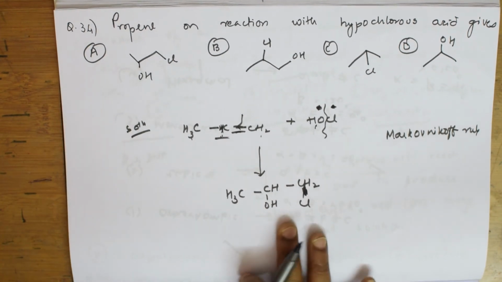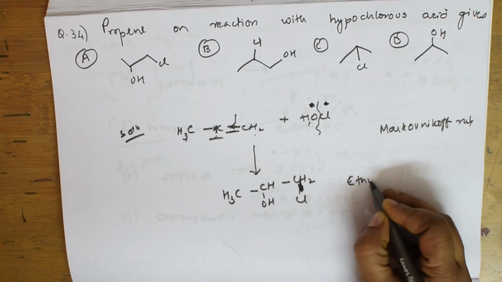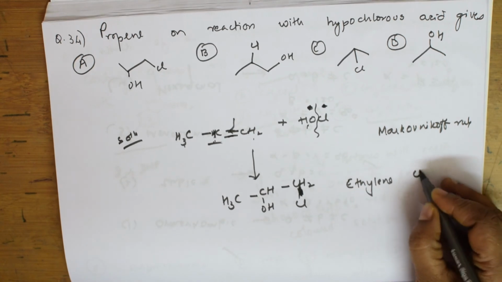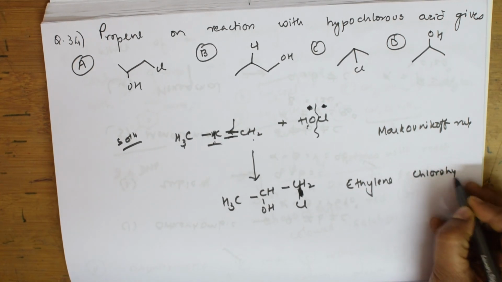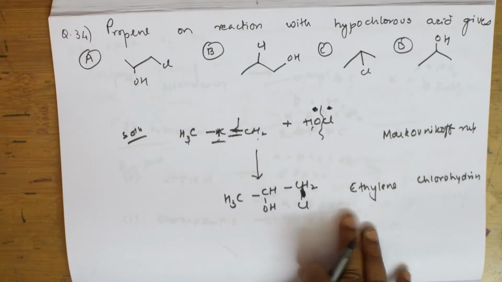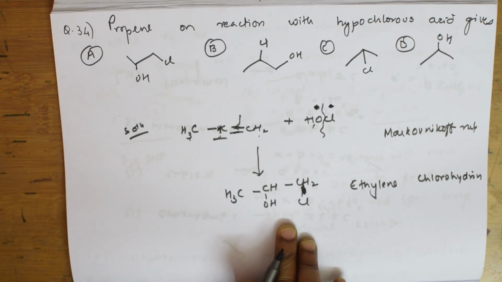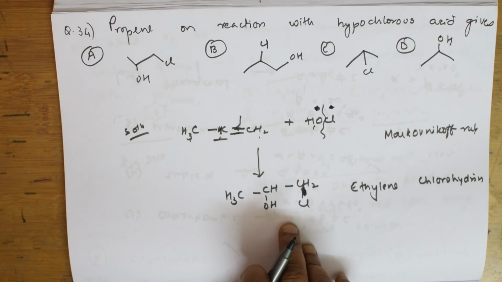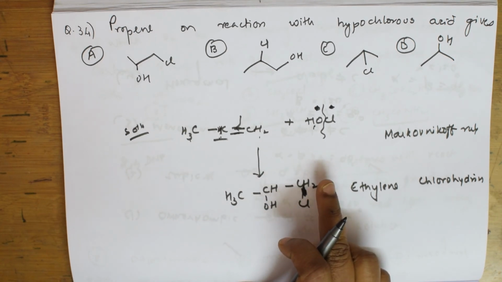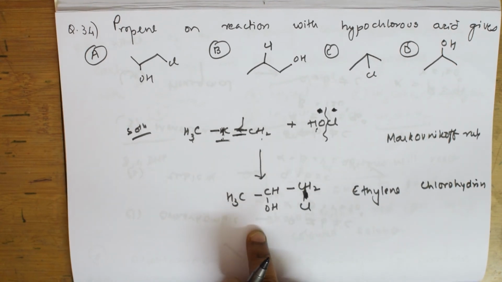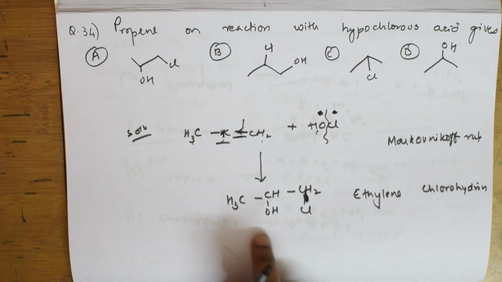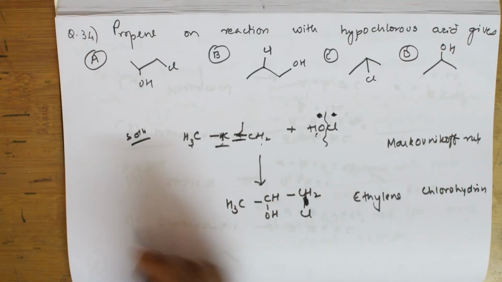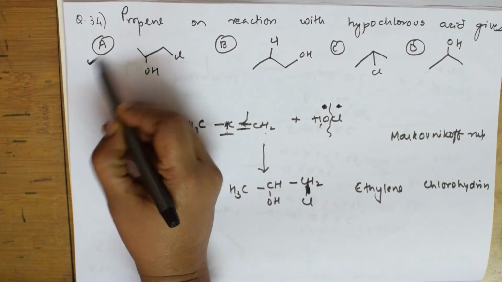The name of this compound is ethylene chlorohydrin. So remember, addition of HOCl follows Markovnikov addition, and the product formed is ethylene chlorohydrin.